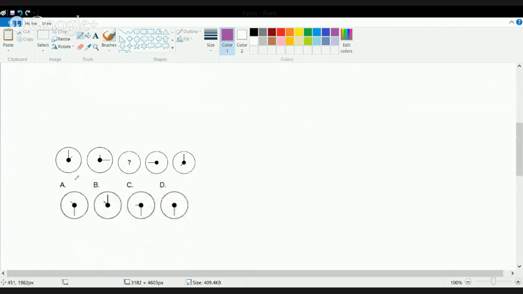Here is the next question. In this question, it's a kind of clock. You have the long hand and the short hand of the clock. Now let's understand the position of the long hand. The long hand is here. It goes here, then here, and back to here. That means in this position it would go down.